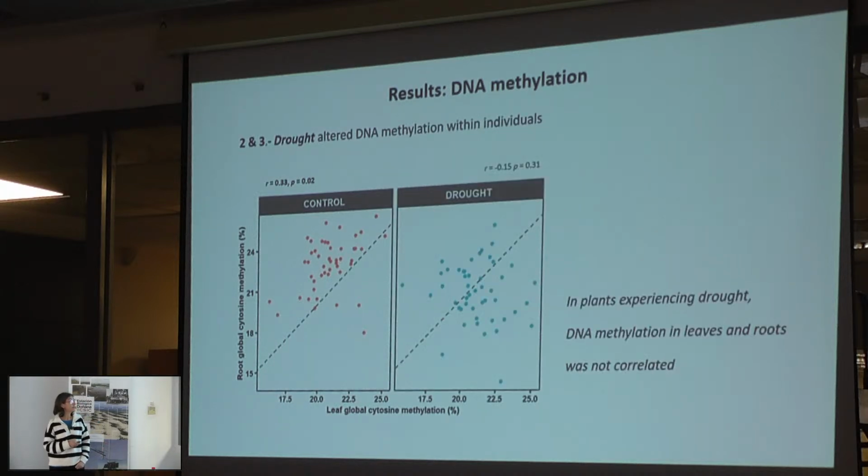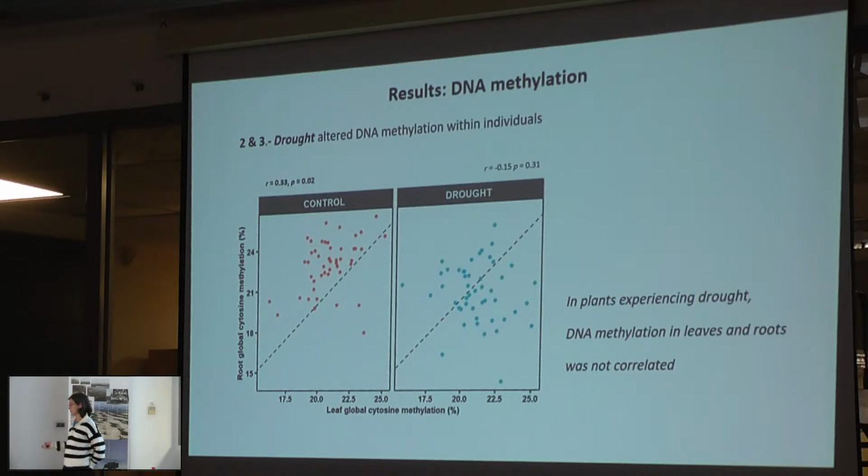But in those plants that experienced drought, DNA methylation in roots was not correlated, meaning that the balance of the methylation level between tissues above and below ground was somehow altered by the stress. This is quite interesting and was not previously shown by other people.